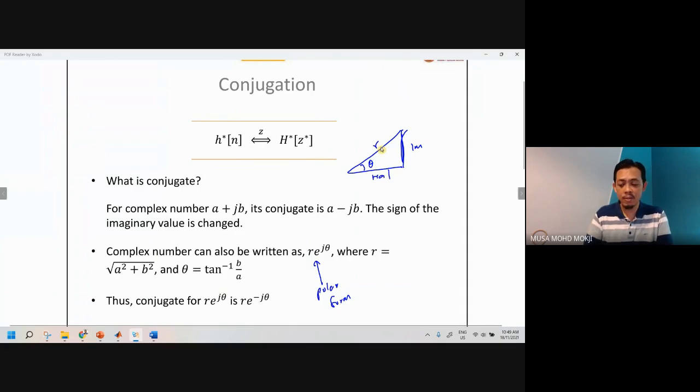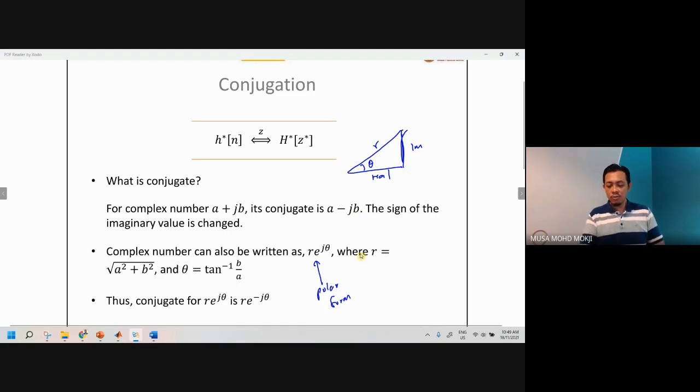So instead of writing it as real plus imaginary, you can write it as a radius multiplied by the exponent of j to the power of theta. That's the angle, and in this course, that theta is very, very important. We will see that in later chapters.